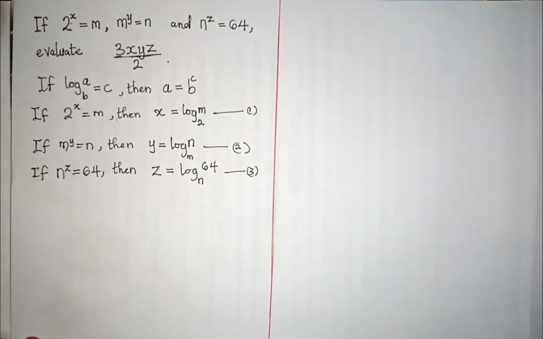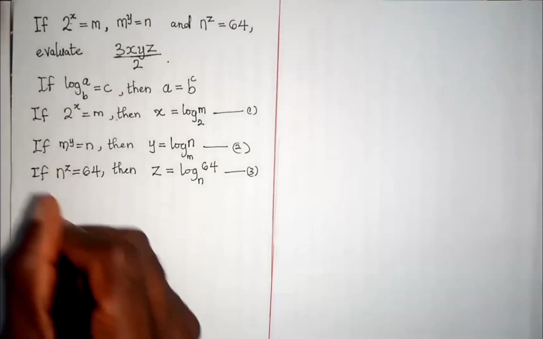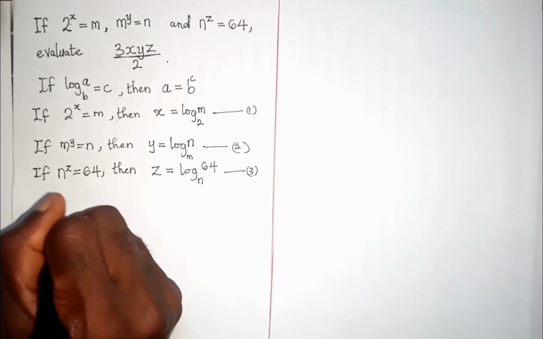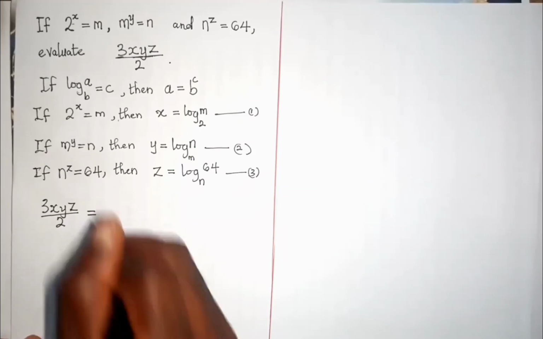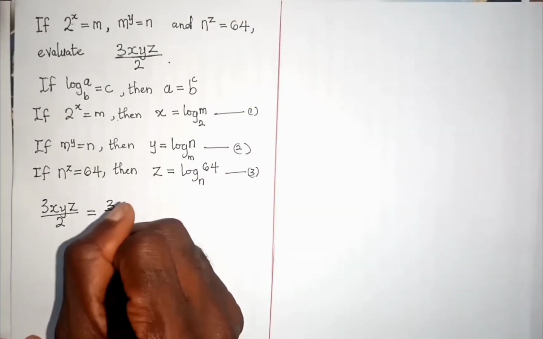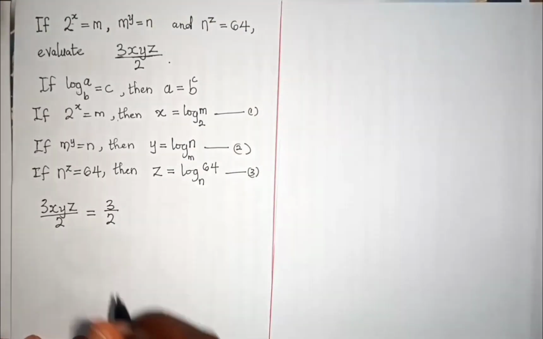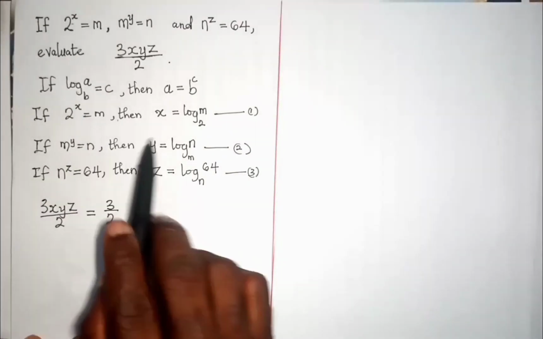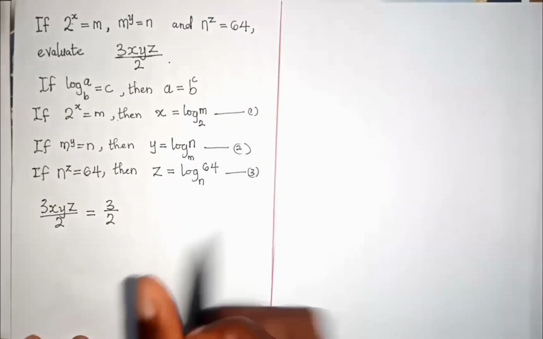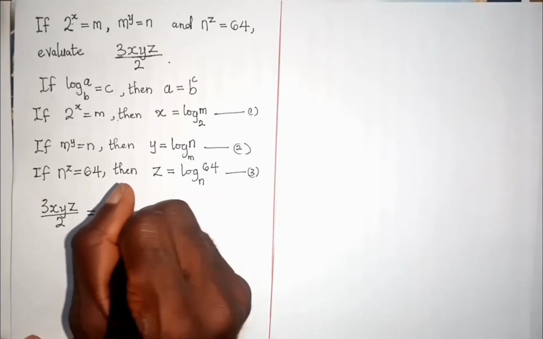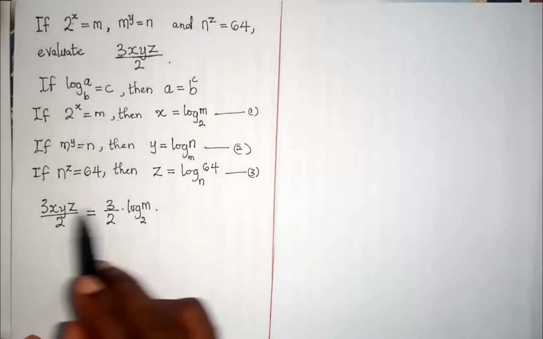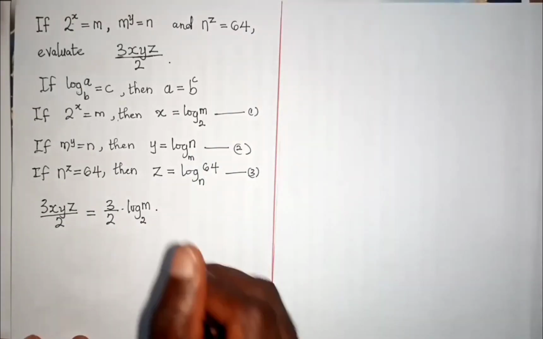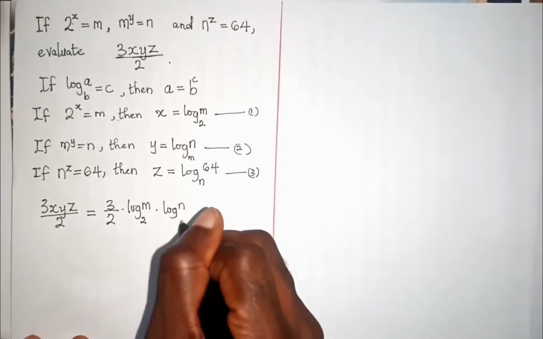Now that we have representations for x, y, and z, the expression we want to evaluate is 3xyz over 2. This is going to become 3 over 2 first, as the constant there. x has been found to be log m to base 2, so that will be 3 over 2 times log m to base 2. y has been found to be log n to base m, so that's times log n to base m.